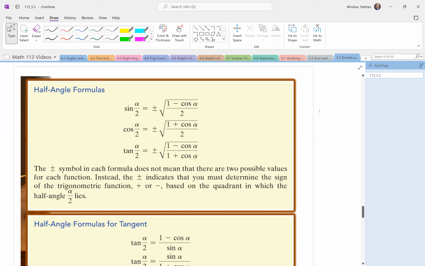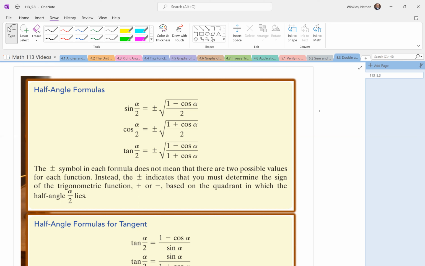So sine of alpha over 2 is equal to plus or minus the square root of 1 minus cosine alpha all over 2. Cosine of alpha over 2 is equal to plus or minus the square root of 1 plus cosine alpha all over 2. Tangent of alpha over 2 is equal to plus or minus the square root of 1 minus cosine alpha divided by 1 plus cosine alpha.